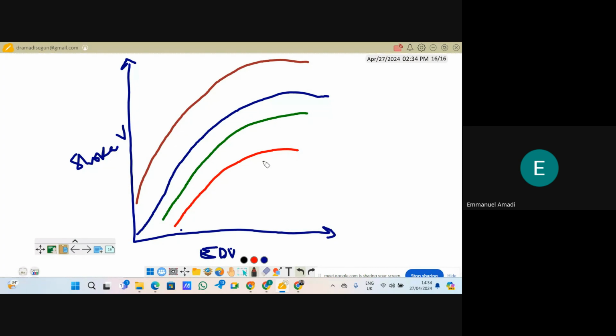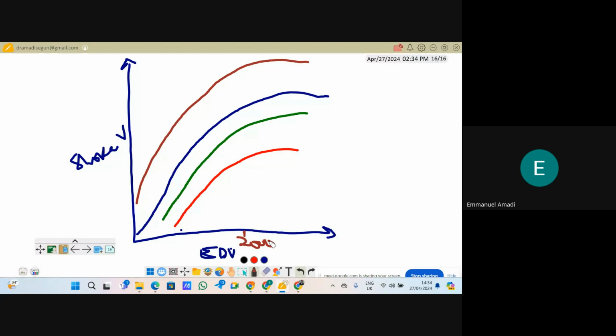Let us look at the stroke volume of these 4 different curves at the same end diastolic volume. Let us assume that this is the end diastolic volume we're interested in at this point here. Let's say this is an end diastolic volume of 2,000.